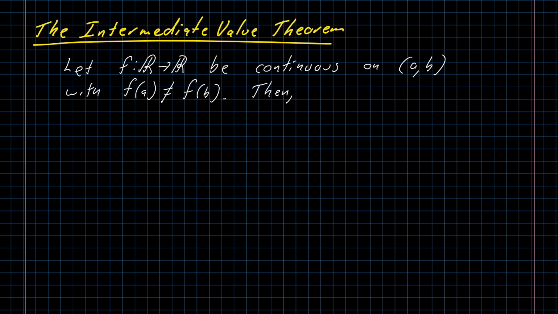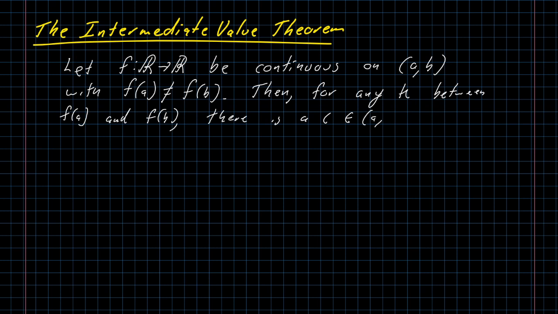All right. Then, for any k between f of a and f of b, there is a c in the interval from a to b such that f of c is equal to k.